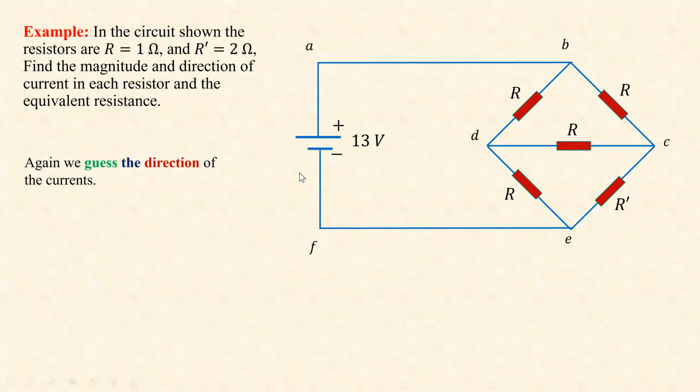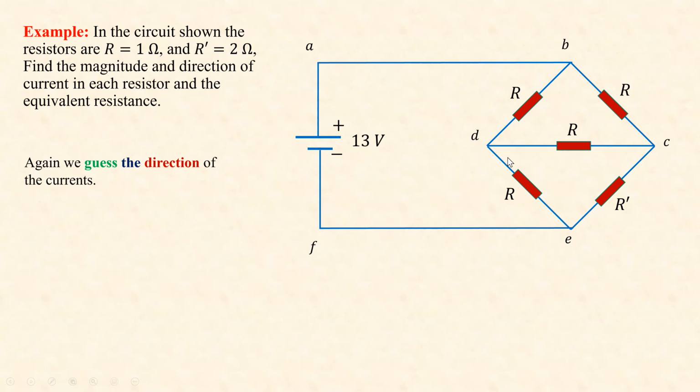So I can guess that, okay, this is the positive side, the current comes this way from A to B, and then it branches into 2. So the current comes down here, another comes down here, but here we don't know whether the current goes from D to C or C to D. We can just guess that. We can say, okay, from C to D probably, because here is more resistance, so it probably goes this way.